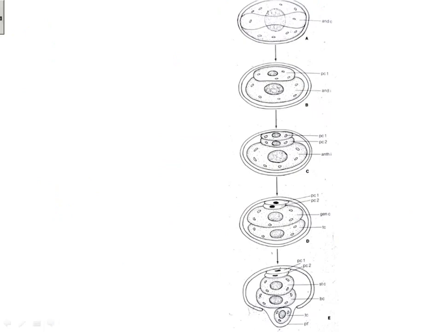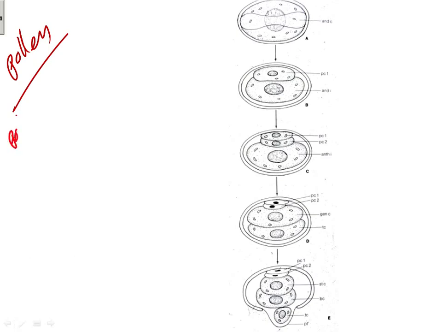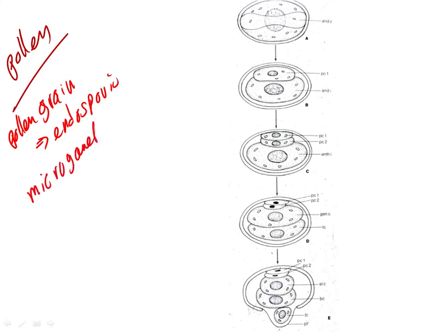Take a break, and then we have to come back and talk about the male side, or the pollen. So what is a pollen grain? It's an endosporic microgametophyte enclosed in a spore wall.